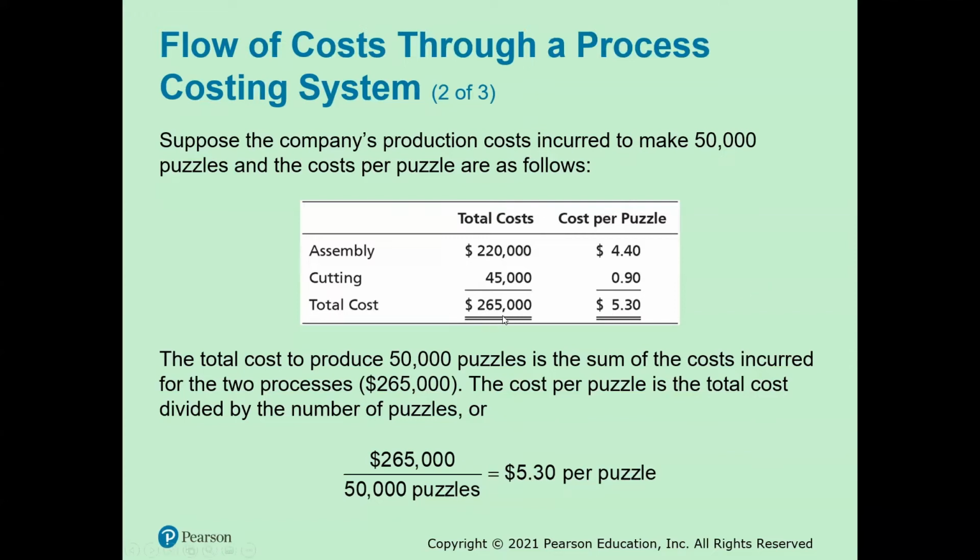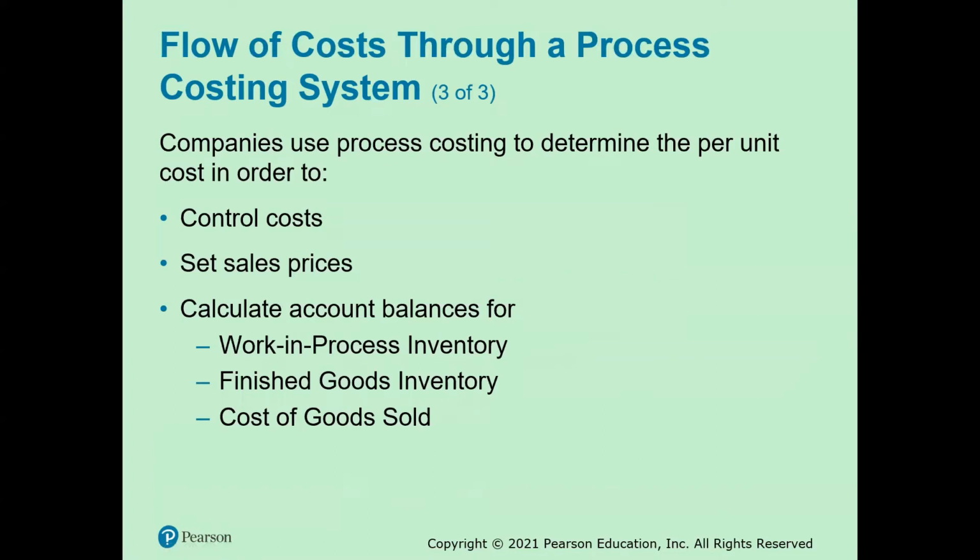That's the 265,000 divided by 50,000 puzzles, which gives you the $5.30 per puzzle. Companies use process costing to determine the per unit cost in order to control costs, set sales prices, and calculate account balances for work in process inventory, finished goods inventory, and cost of goods sold.